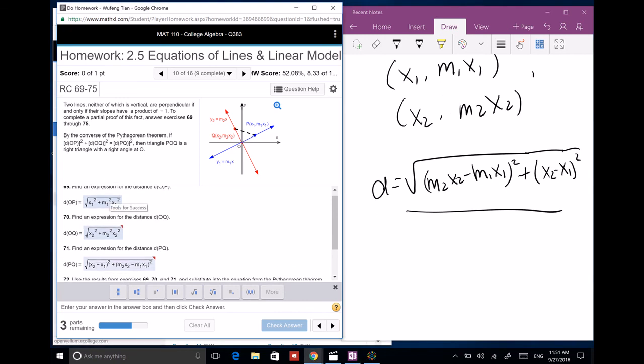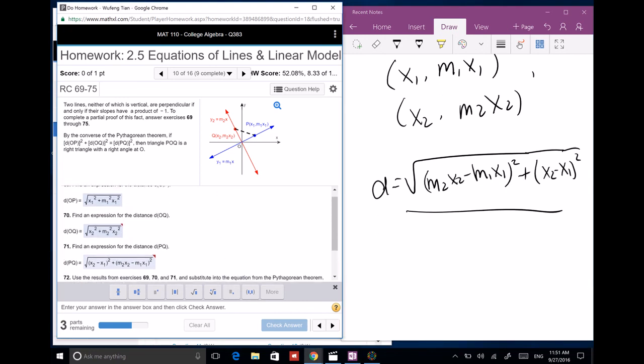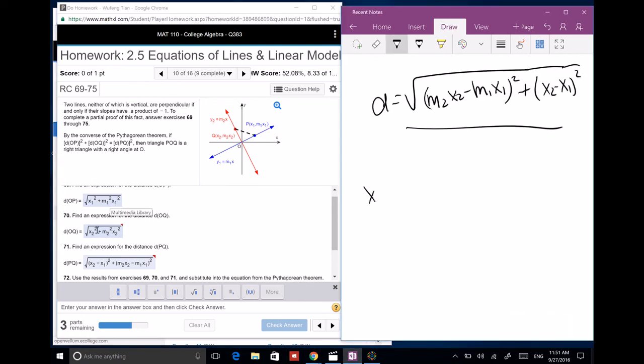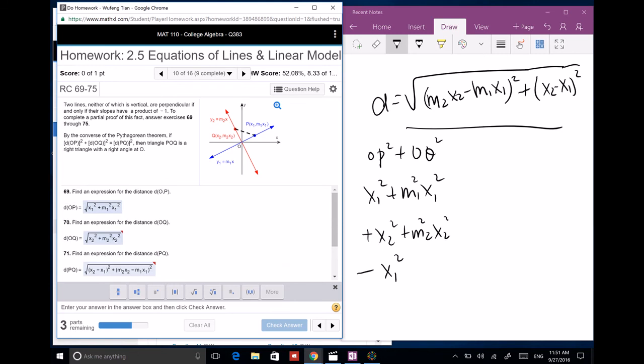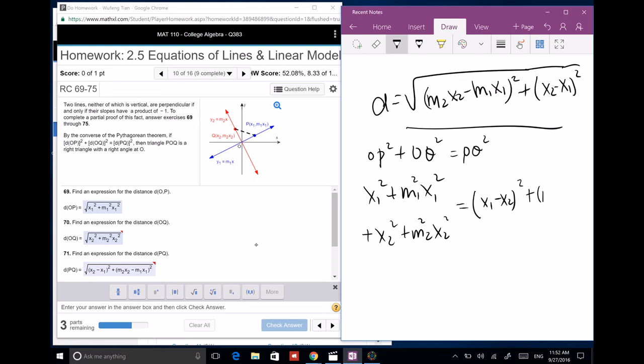You plug everything in. OP squared is x1 squared plus m1 x1 squared, plus x2 squared plus m2 x2 squared, and OP squared plus OQ squared equals PQ squared. The right side equals x1 minus x2 squared, it doesn't matter because it's squared, plus m1 x1 minus m2 x2 squared.